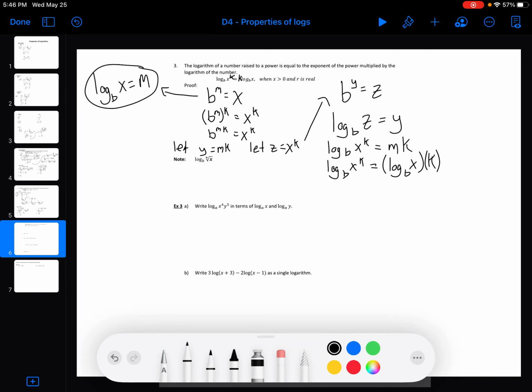A lot of the times we can find that logarithm a lot easier this way. Just to note, this is equal to log base b of x to the 1 over n, which we can then make 1 over n times log base b of x.